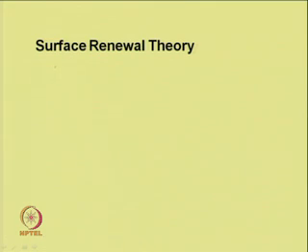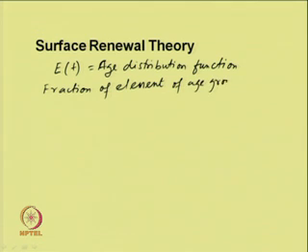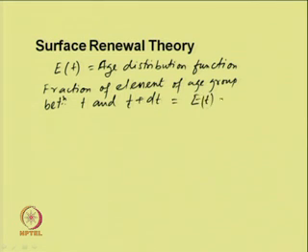So, if we consider E(t) is the age distribution function, then the fraction of elements of age between t and t plus dt is equal to E(t) dt.